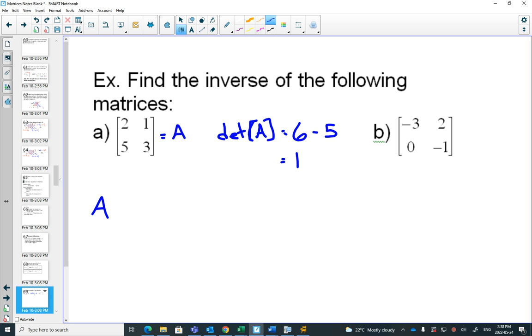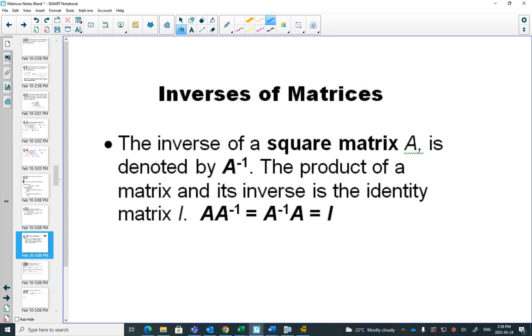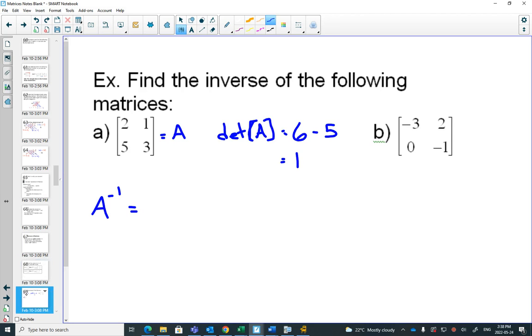And the inverse of matrix A would be 1 over the determinant, 1 over 1. Switch this diagonal and make the other diagonal negative.